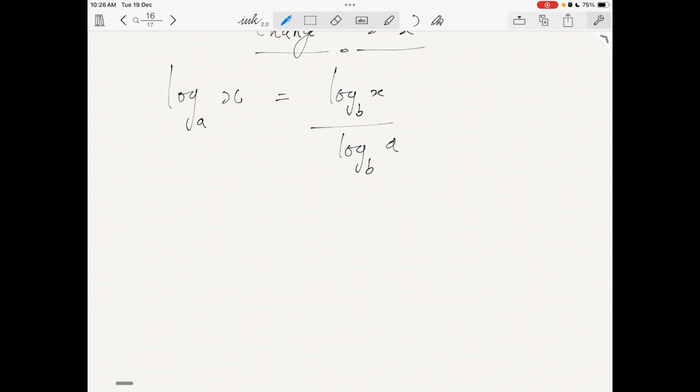So in that scenario, to change base we just have to apply this.